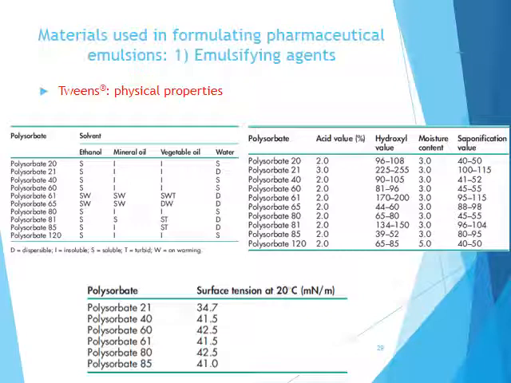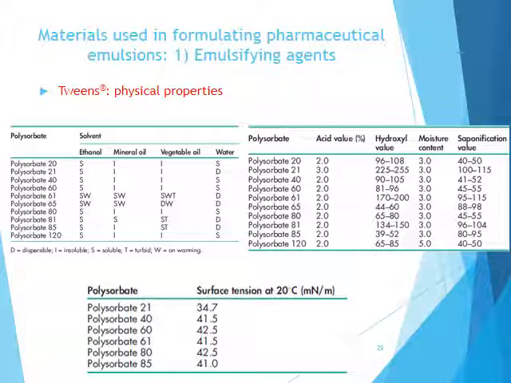The surface tension at 20 degrees centigrade is also different for the different Tweens. For example, for Tween 40 it is 41.5, for polysorbate 80 it is 42.5. So they are slightly different in surface tension. What does that mean?